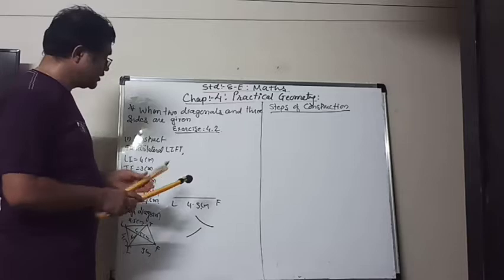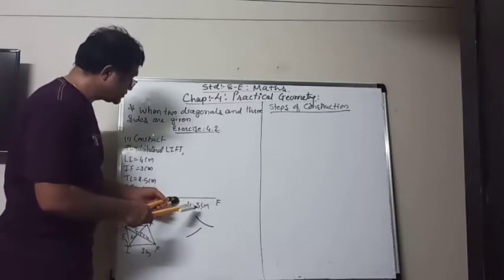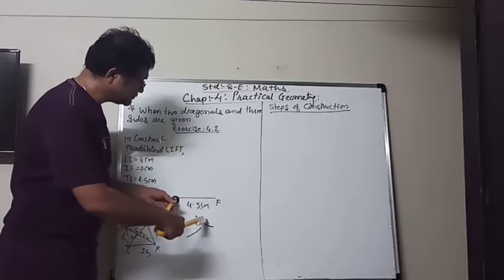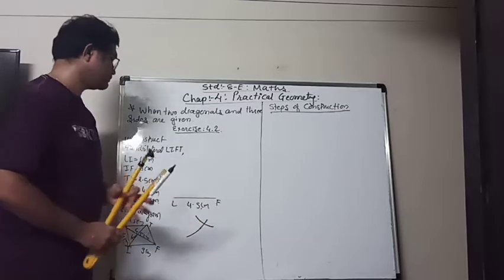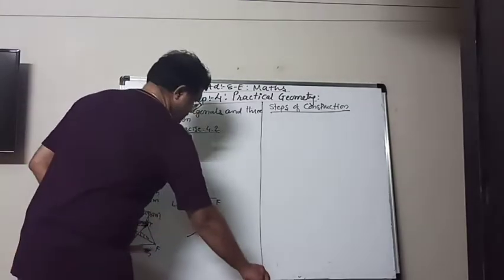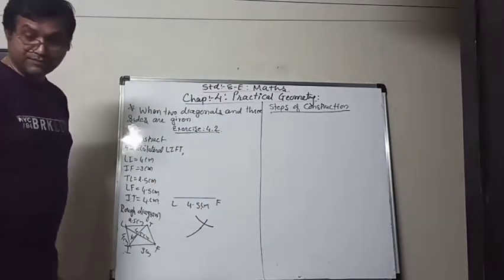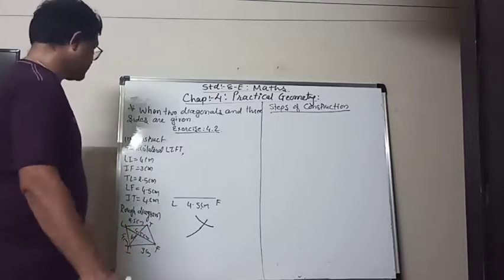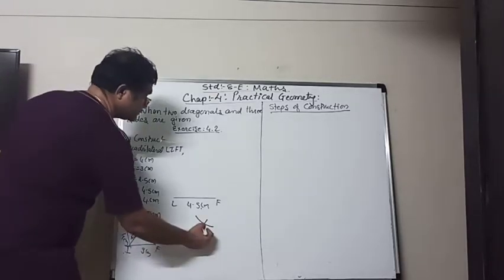Then I have to draw the same arc again, and a little extension should be there. So now at that point it intersects, that we will give the point I.